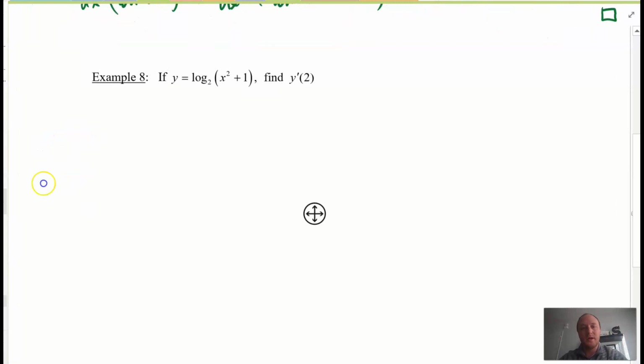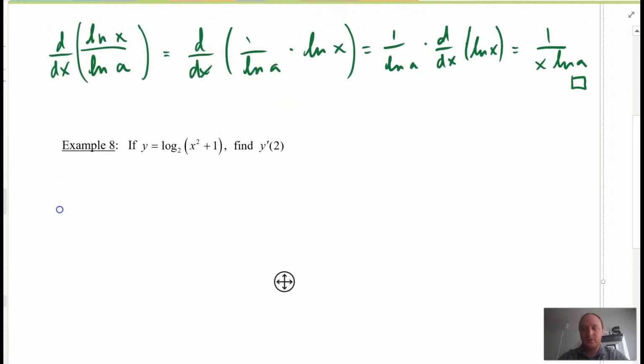This is the last one, and we're going to use this formula that we just proved. So it says if y is equal to log base 2 of (x squared plus 1), find y prime of 2. Okay, so I'm going to take the derivative. So it's 1 over the inside, x squared plus 1, times, again, the derivative of the inside goes on top.